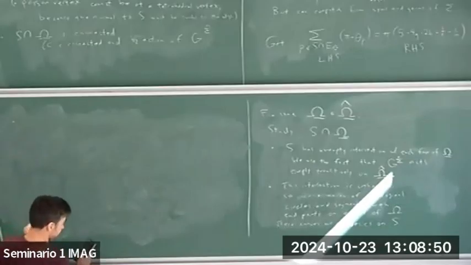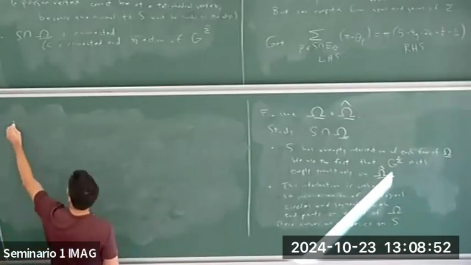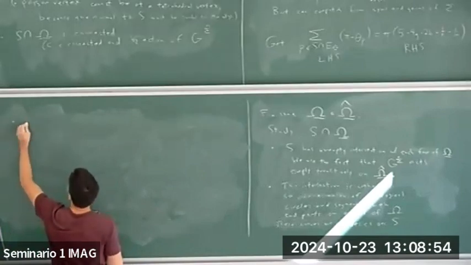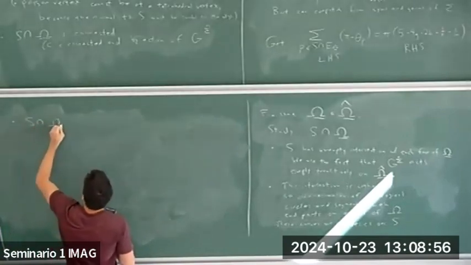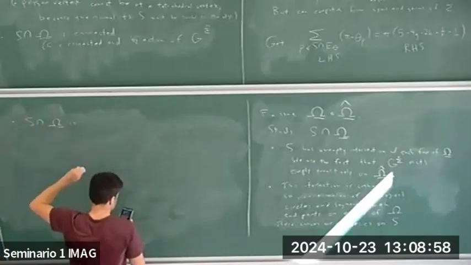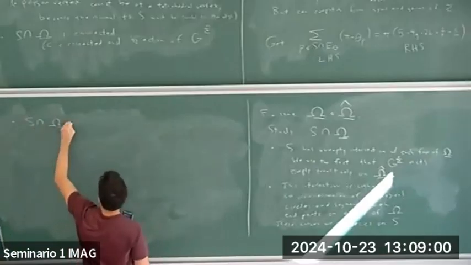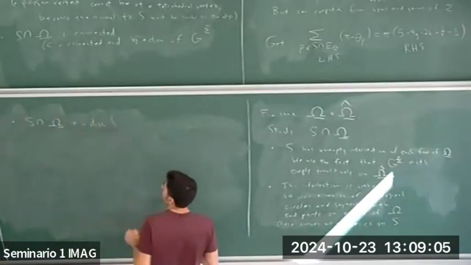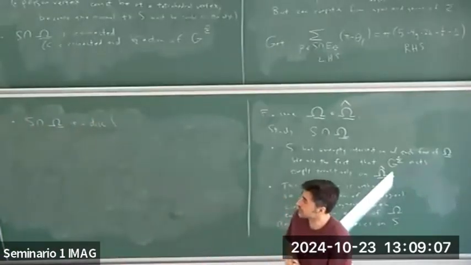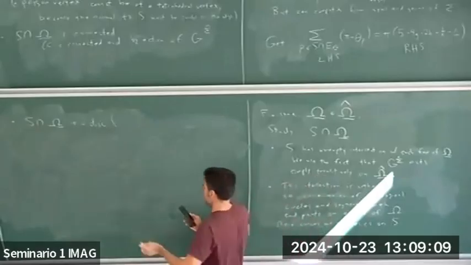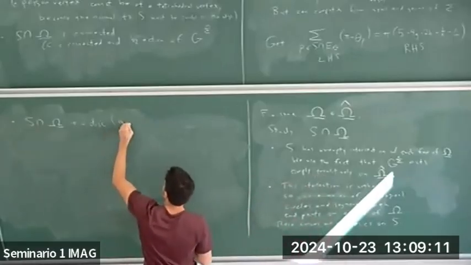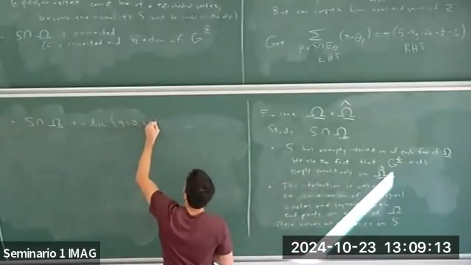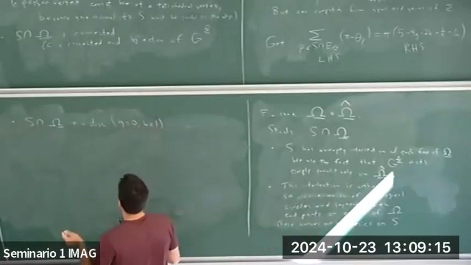Okay, so first of all, I can conclude that the intersection actually is a disk. So I mean, G is 0 and B is 1.